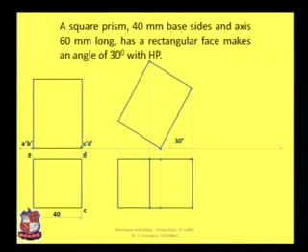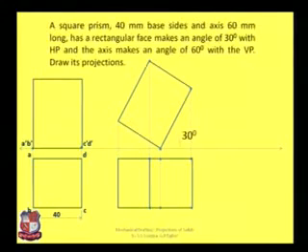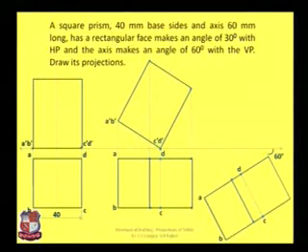Accordingly, there will be a change in the top view like this, and locate the points like this: A, B, C, D. Here A, B, C, D are in the top view. In the front view, A dash, B dash, C dash, D dash are there. So A dash, B dash, C dash and D dash are the 4 points, and here A, B, C, D are the 4 points. So this is the top view of the given solid.